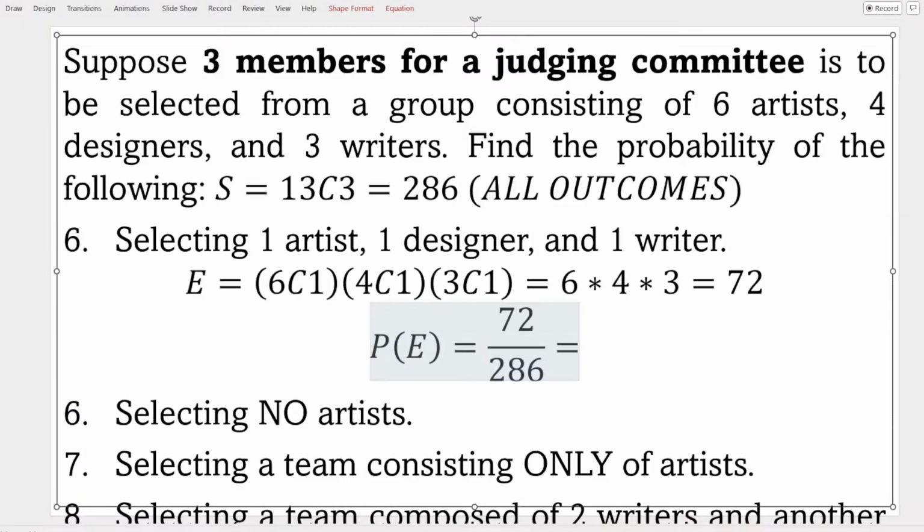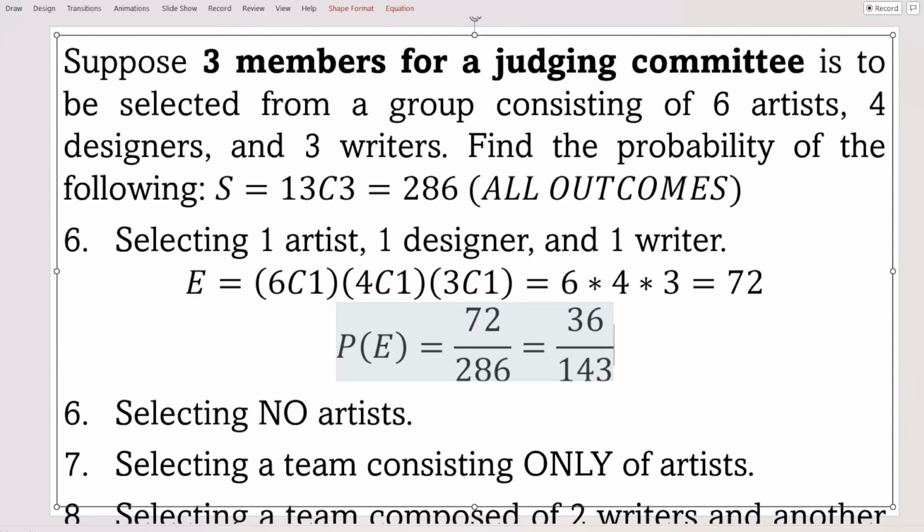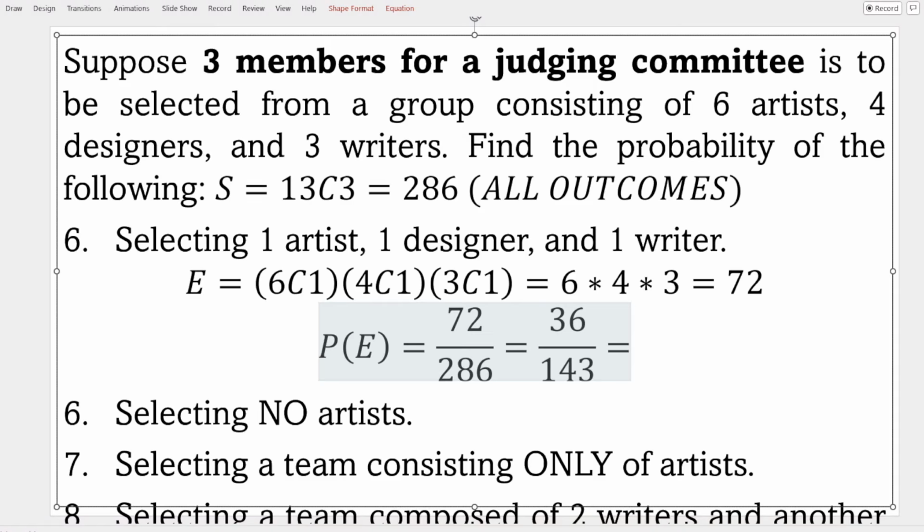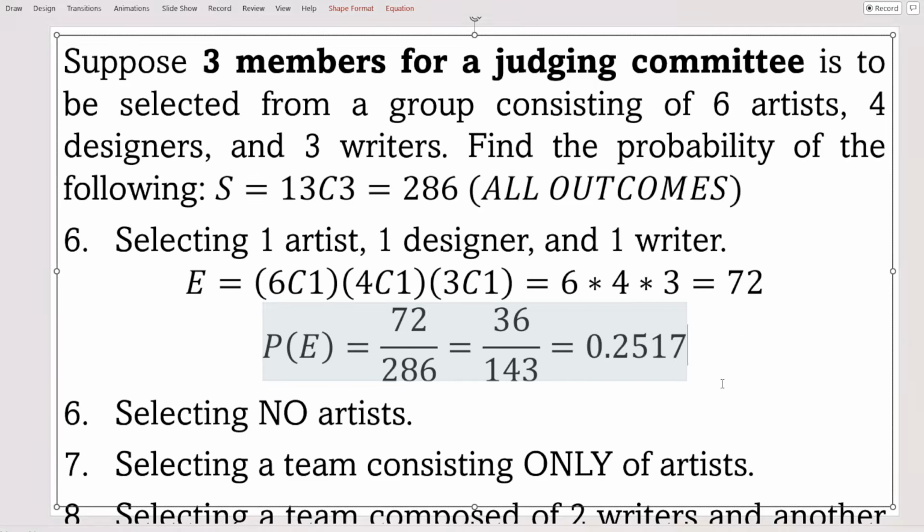In our calculator, in fraction, it is 36 over 143. In decimal, this is 0.2517. That is our answer to number 6, getting one artist, one designer, and one writer.